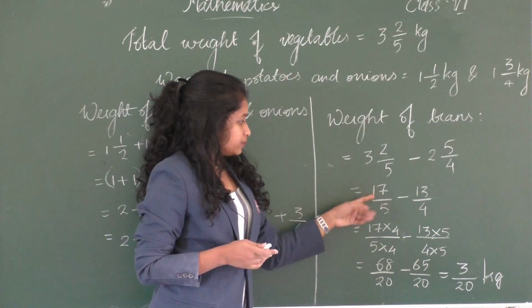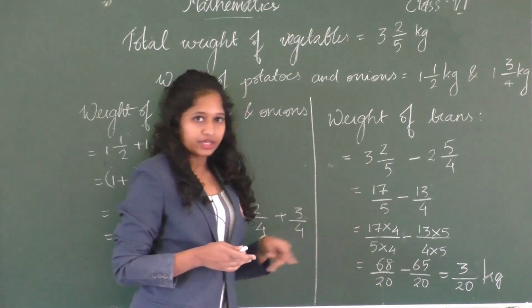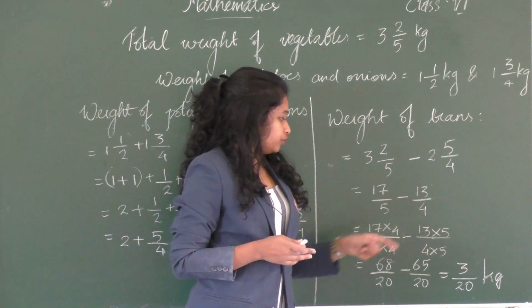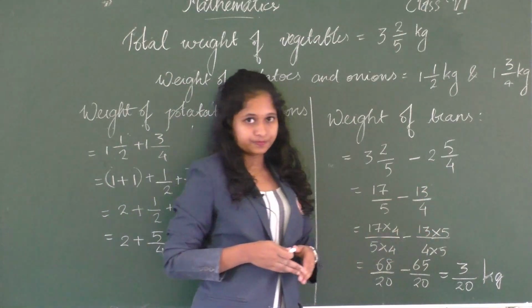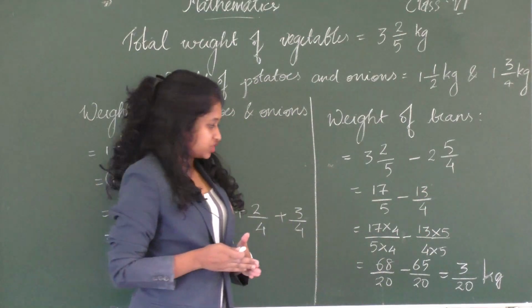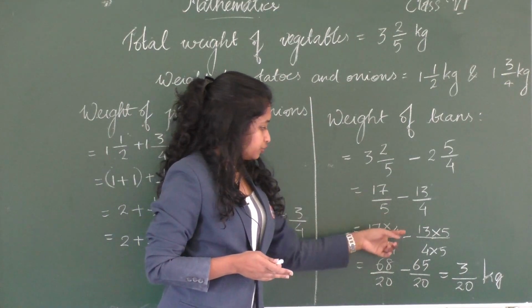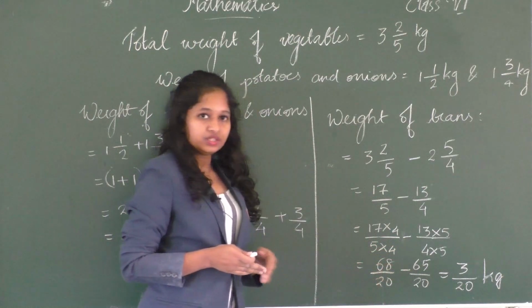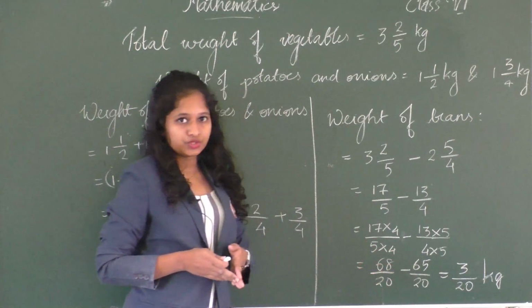So multiply 17 by 5 by 4 and 13 by 4 by 5. So after multiplication we get 17 into 4 as 68 and 5 into 4 as 20. So 68 by 20.